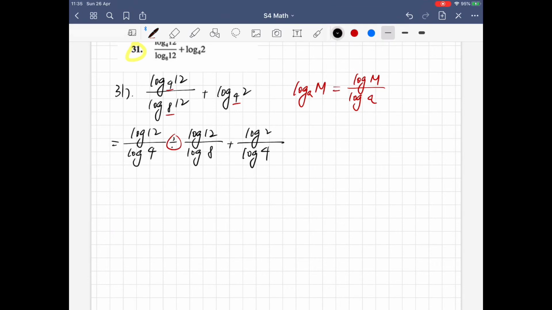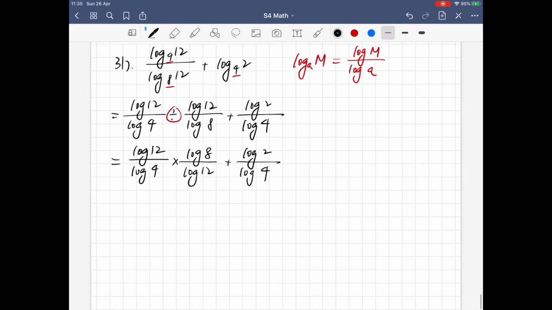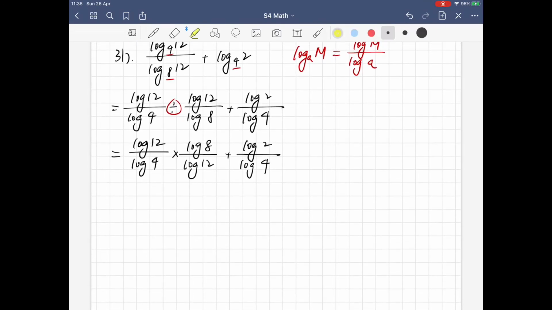Afterwards, I will change the division sign into multiplication sign. And then for the numbers 4, 8, and 4, so these numbers can be simplified into exponential form using the base of 2.